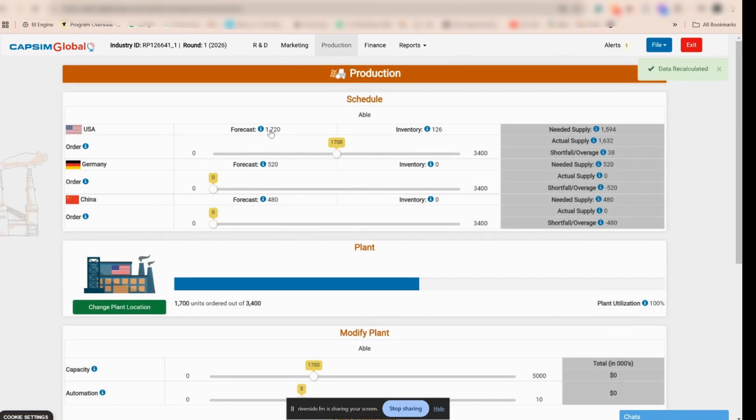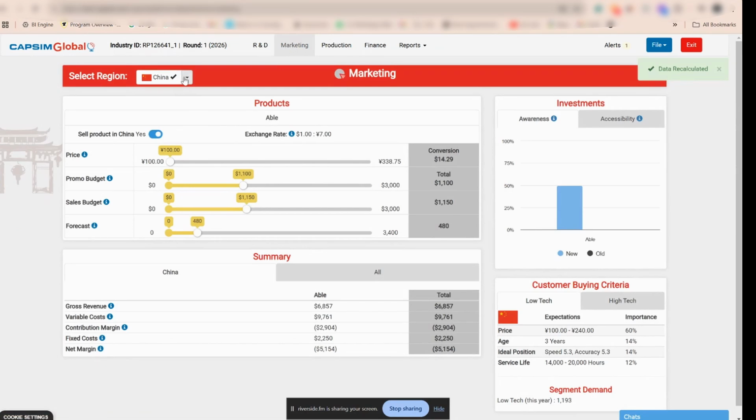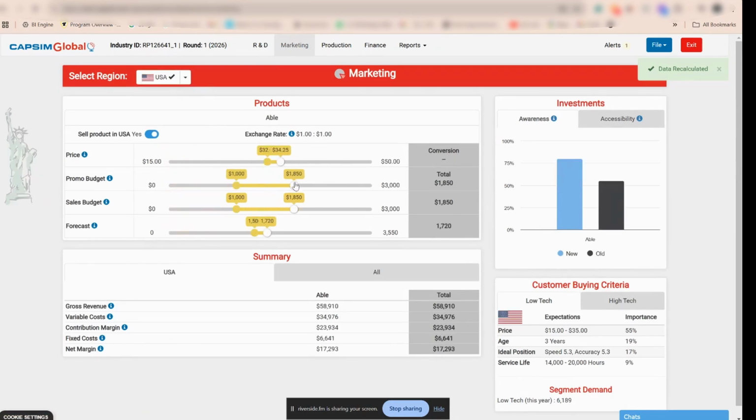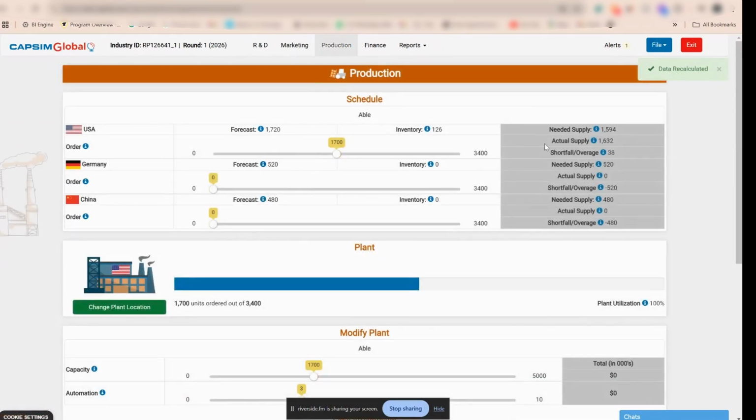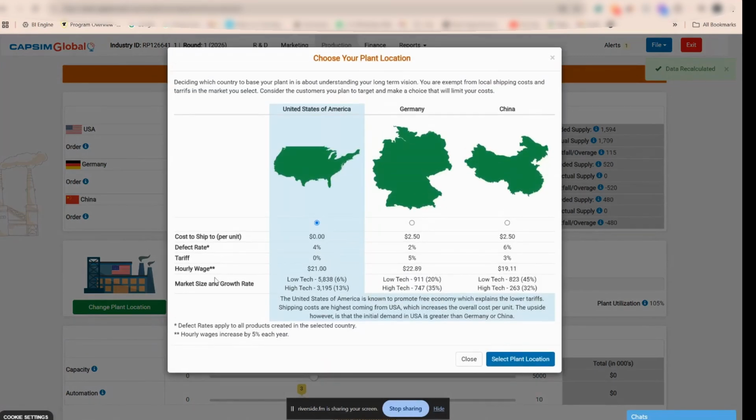Production. Now this is as a result of the forecast, right? If you remember the forecast for the US market, we're aggressive, so 17.20. For production, we had leftover from round zero. So we're going to produce, but we don't want a lot. We have to consider defects.